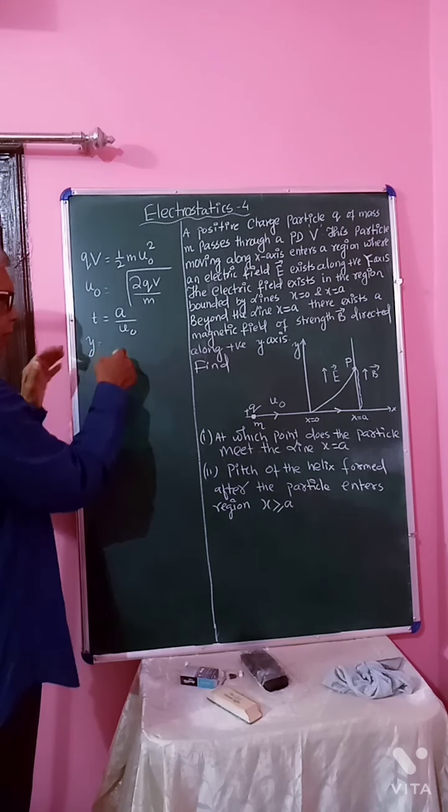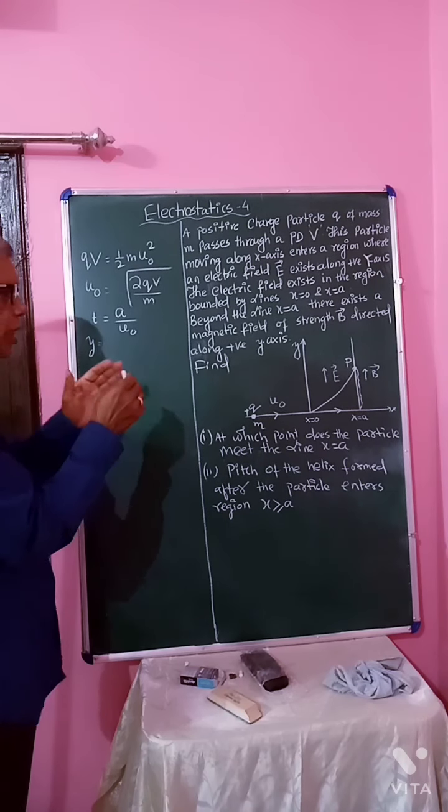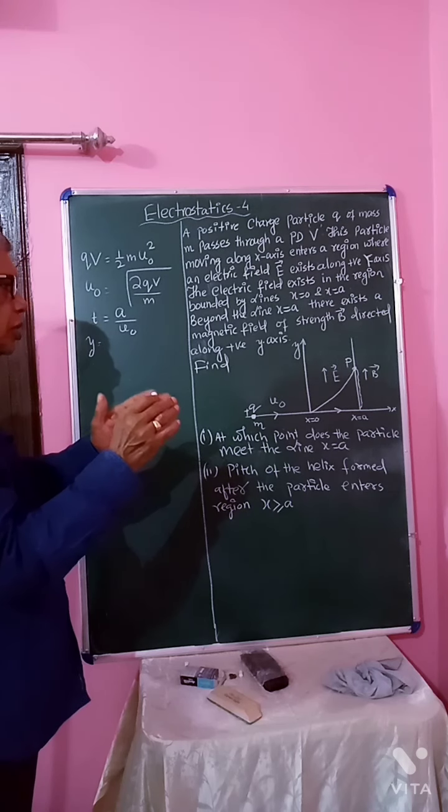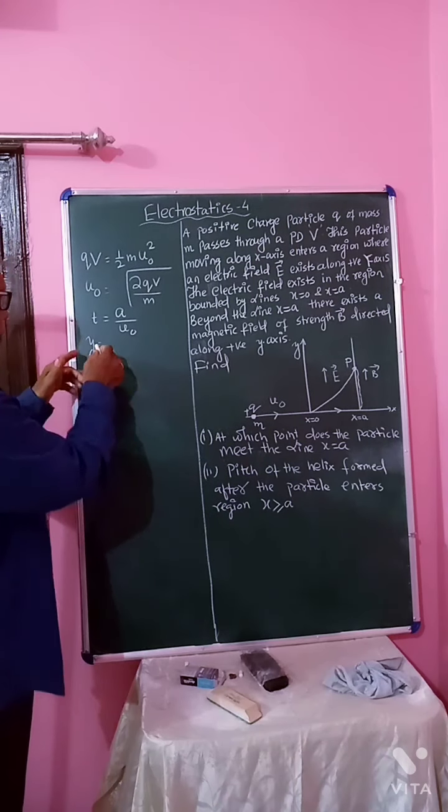y equals initial vertical motion 0. We shall use the formula s equals ut plus half at squared.